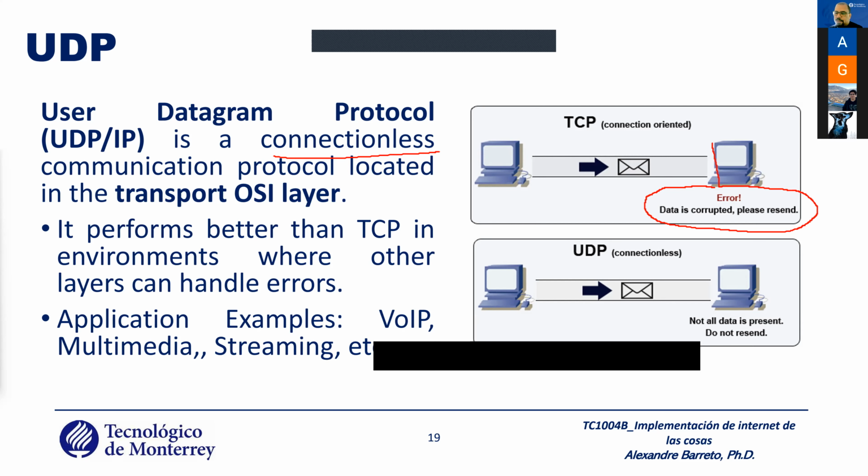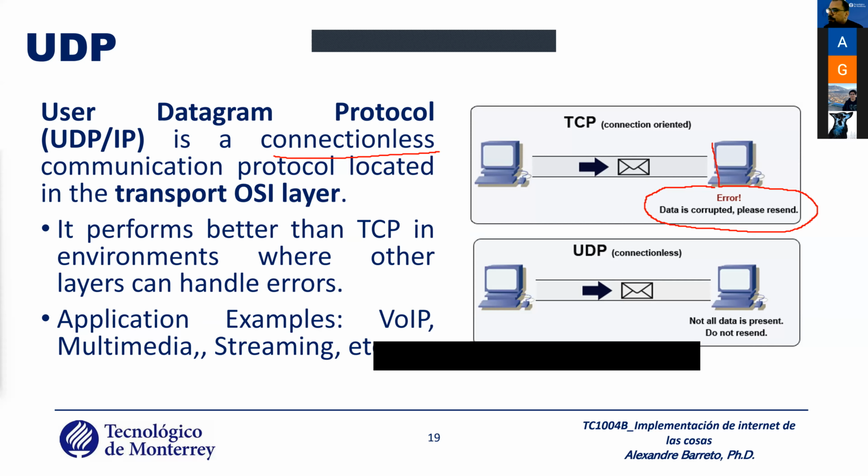In UDP, you only send the data, okay? If the process fails and the data never arrives at the destination, the sender never knows because the protocol does not support any feedback.